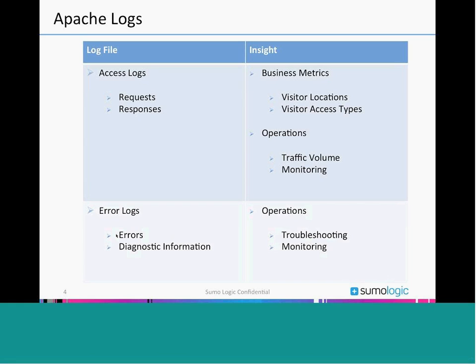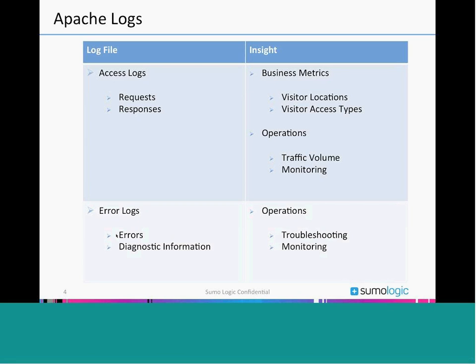So with this, you get two important pieces of information, one from the business side and one from the operations side. From the business side, you get to understand your visitor better, as in visitor locations and how they're using your website. And that tells you whether your website is indeed serving your audience in the way you intended it to be.